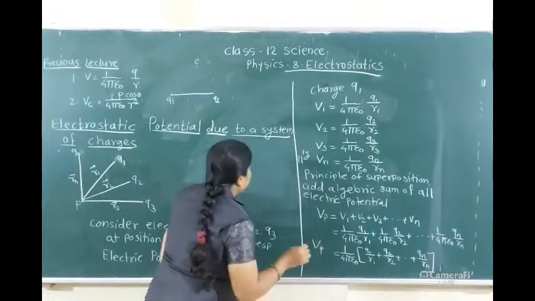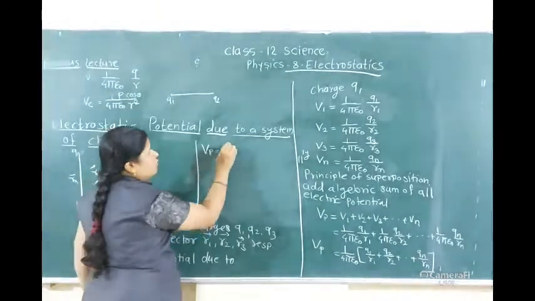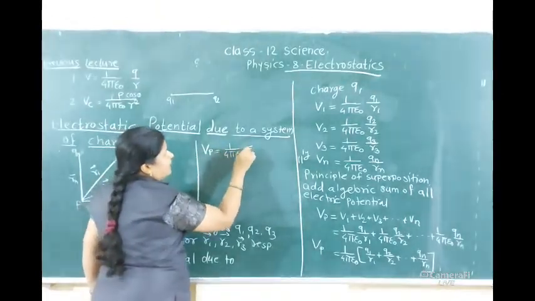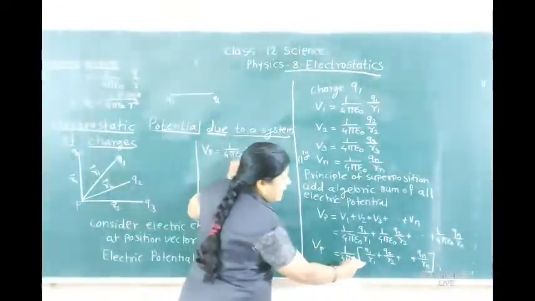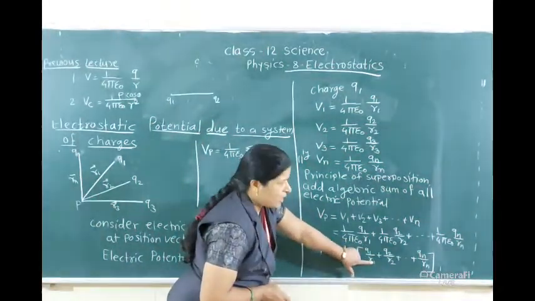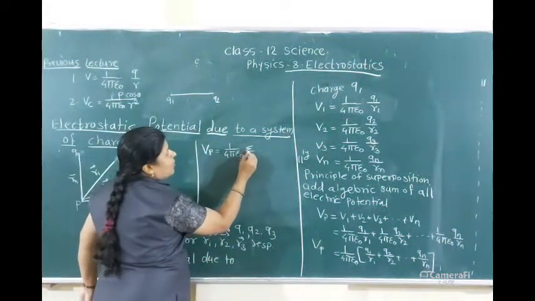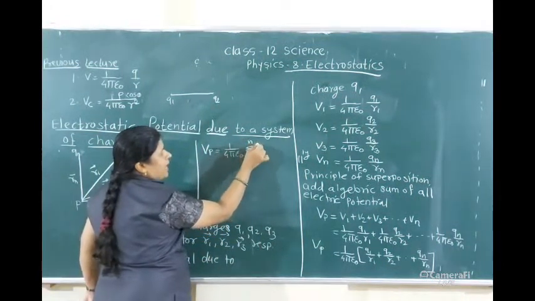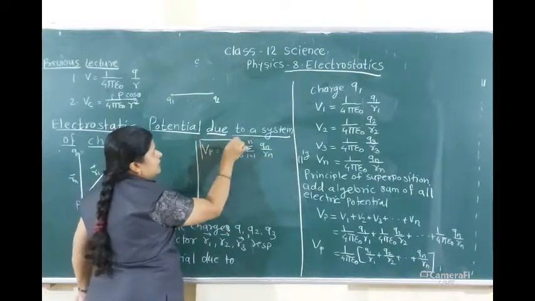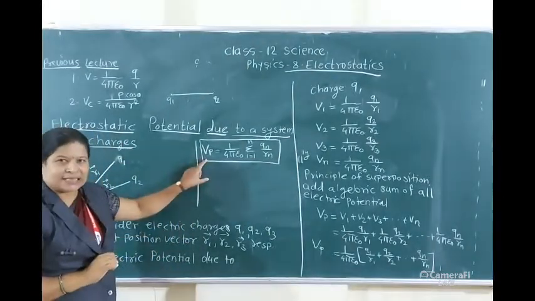Therefore, the electric potential at point P is equal to 1 upon 4 pi epsilon 0 summation of Q1 divided by R1 to Qn divided by Rn, so summation of i running from 1 to n, Qi divided by Ri. This is the total electric potential of the system.